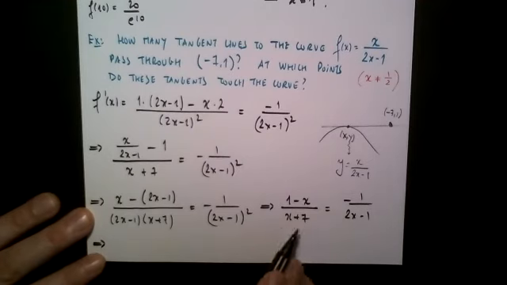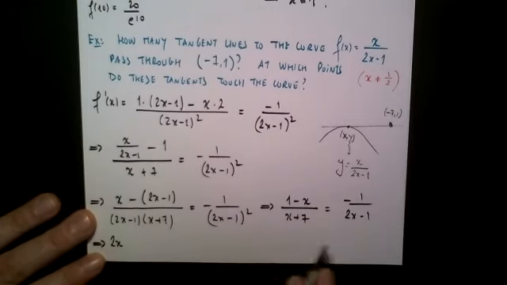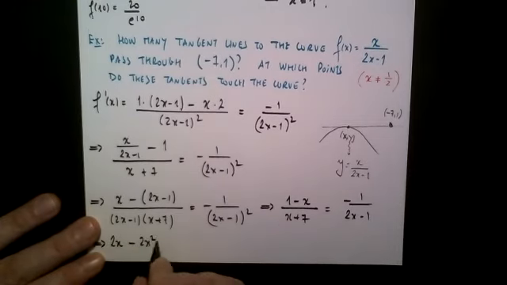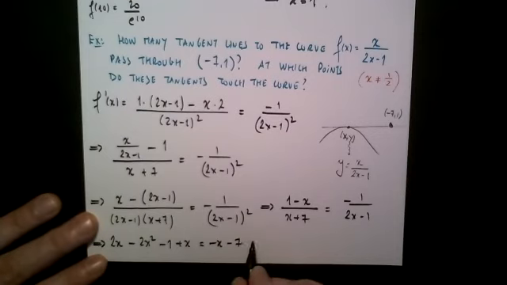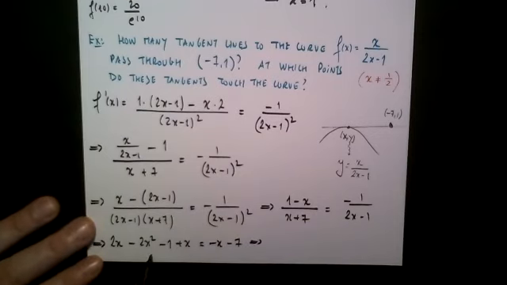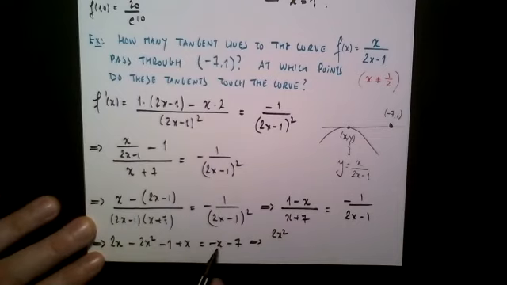So I will multiply this by this and this by that. I'll do it in one shot. So 2x minus 2x squared minus 1 plus x equals -x minus 7, which means that I have 2x squared. I'm running out of space here. 2x squared minus 2 minus 4x and minus 6 is equal to 0.